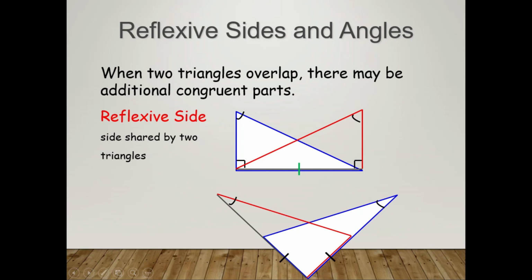So this part, ano kayang tawag natin dito? We have a reflexive angle. So a reflexive angle is an angle shared by two triangles. So let us mark. Ayun. So we can say that these two triangles are congruent using the three information that we have.